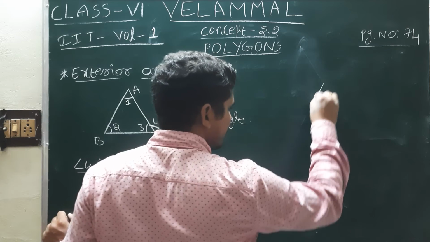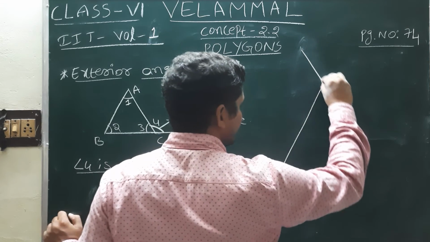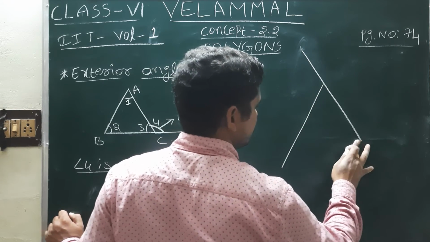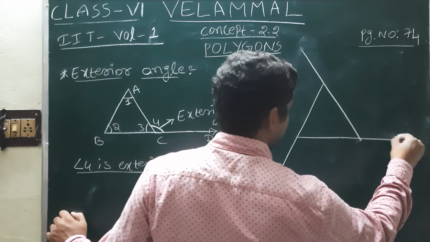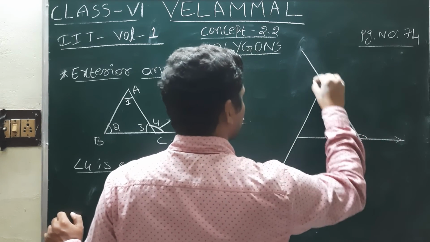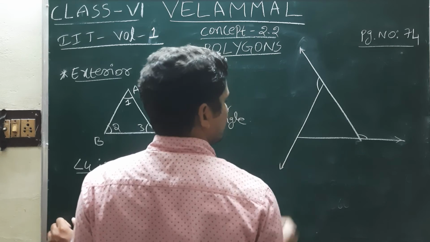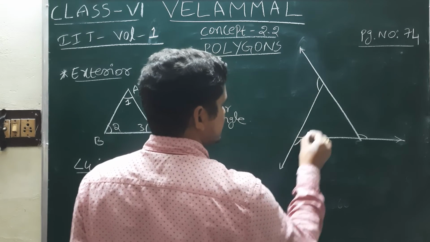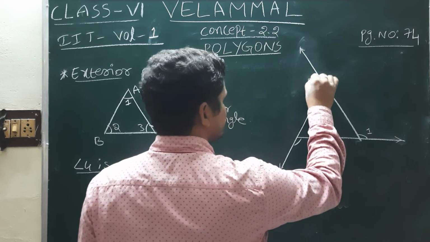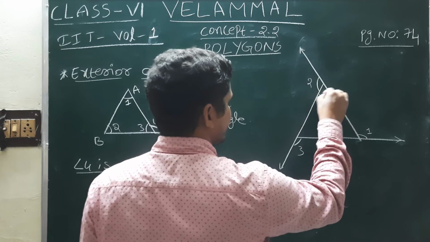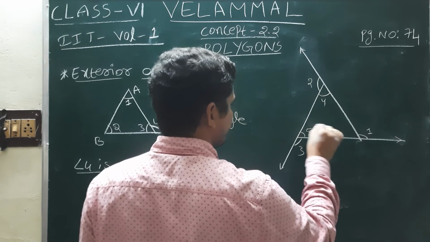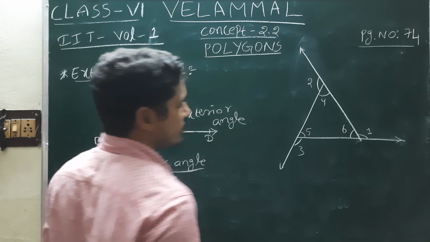The same triangle I am once again drawing here. I am giving the names as 1, 2, 3 and let it be 4, 5 and 6.